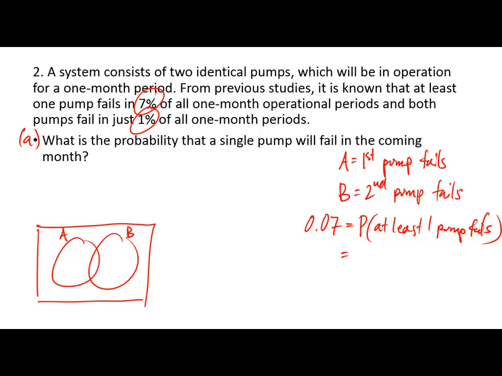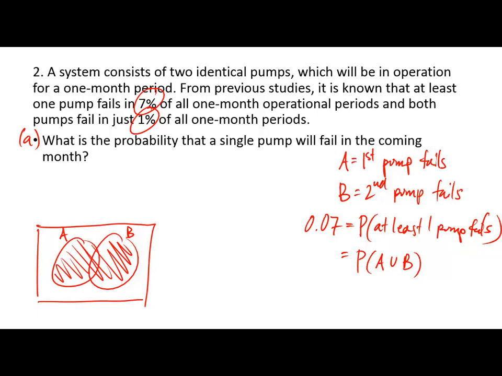What shaded area on that Venn diagram represents that at least one of them fails? Is this immediately obvious to everybody? Yeah, right, so it's this whole thing right here. And we've seen that before. That's just A union B. So 0.07 over here is the probability of A union B.